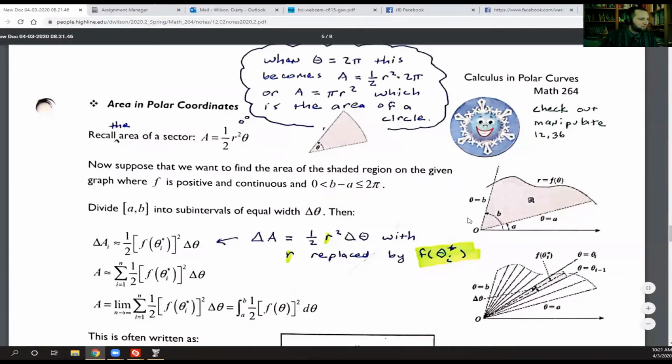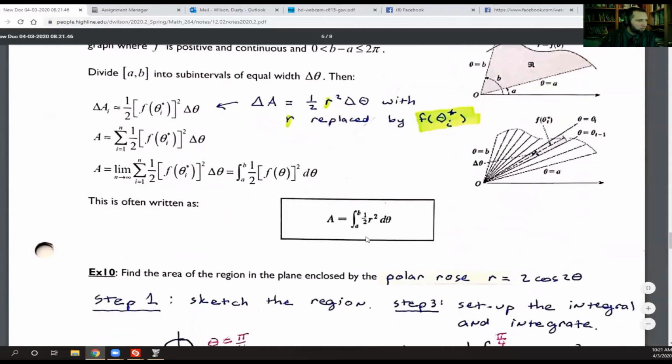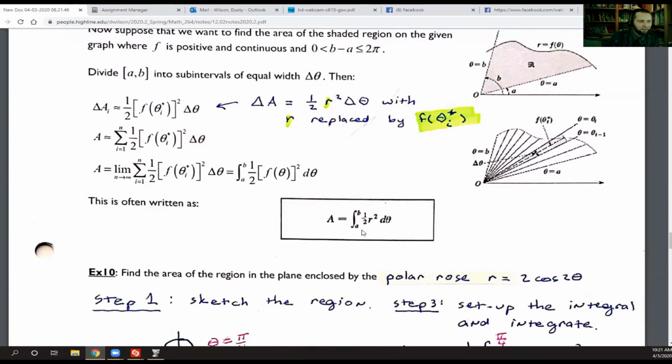So from that derivation, I hope you can see why we would have the area equaling the integral from a to b of 1/2 r squared d theta. The 1/2 r squared d theta is the area of each sector, and the integral tells us we're taking an infinite number of sectors with infinitesimal theta width.